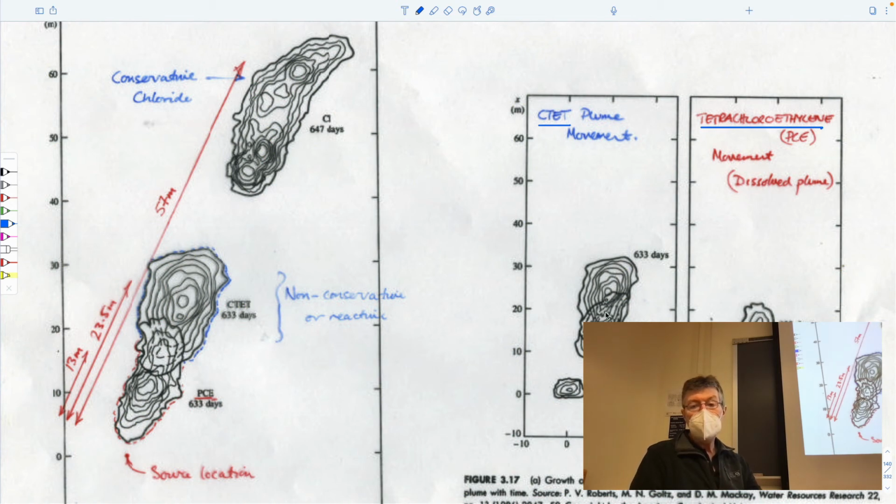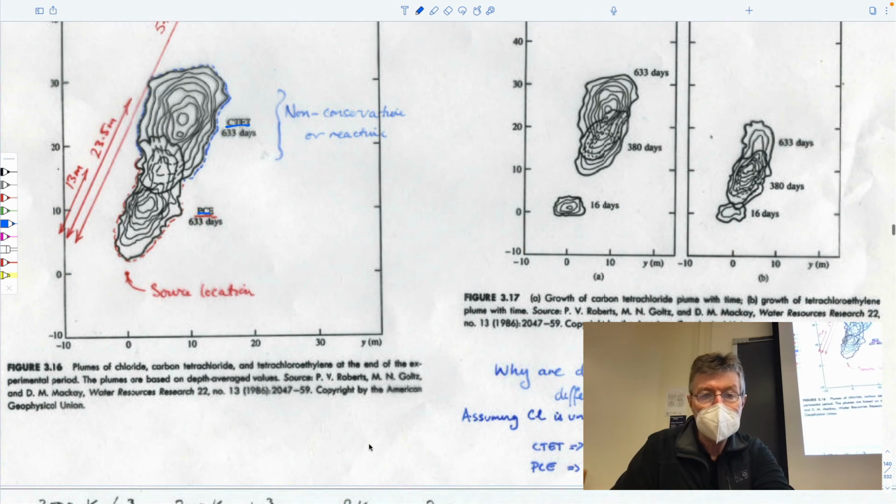And you find that they've gone at different velocities downrange. And so if you take for 2 years the chloride plume, the carbon tetrachloride plume, and the PCE plume, these plumes have each gone different lengths. And so the ratios of these lengths that they've traveled should be some magnitude of the retardation. And so it's probably written on the bottom here. It is.